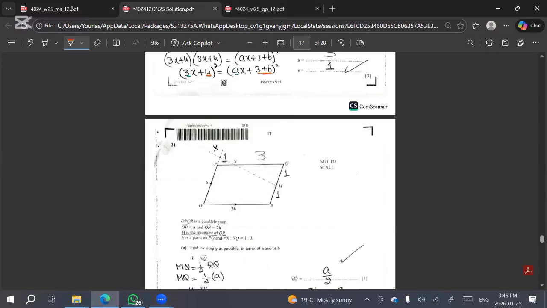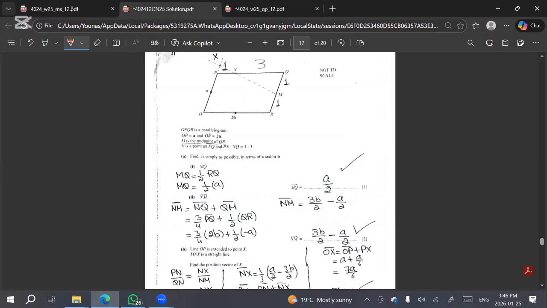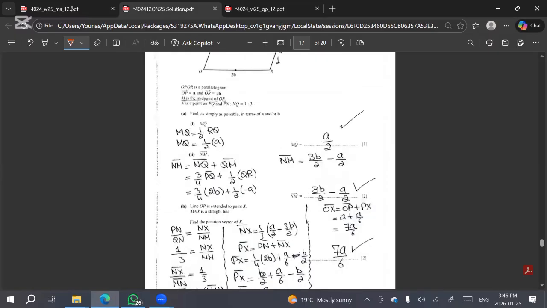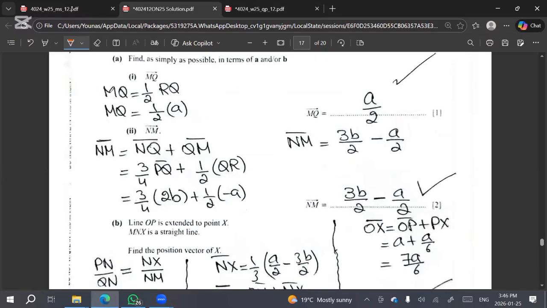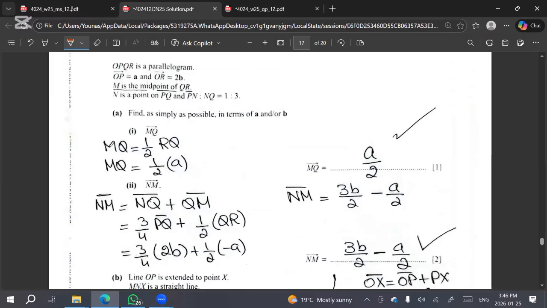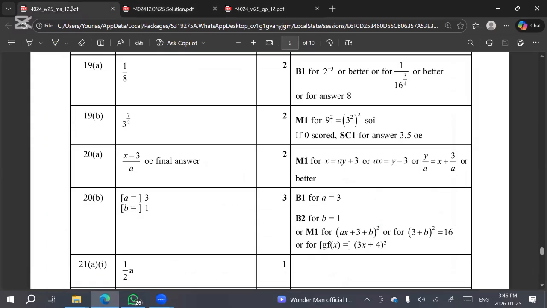Let me show you, I have done this here. So the MQ will be equal to half of RQ. So the MQ will be equal to 1 by 2 of the small a by b. This is the answer, sir.